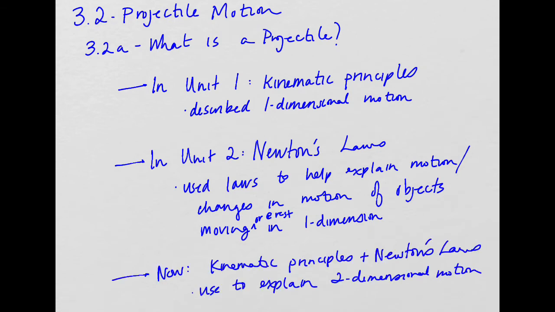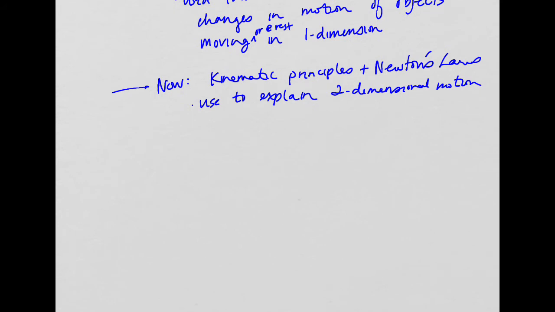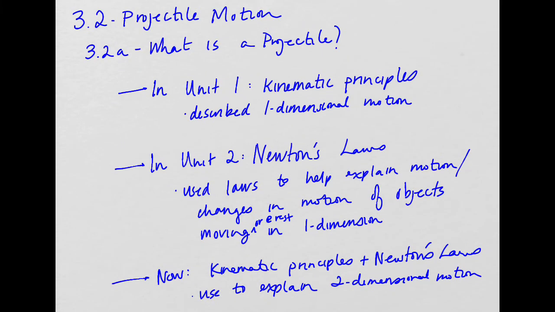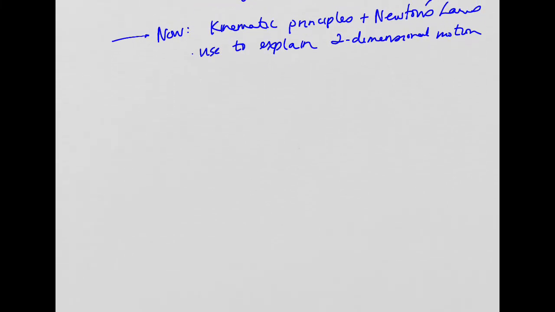Remember, 2-dimensional motion just means not just left, right, up, down. We have 2 dimensions of motion now, like we've been doing in 3.1. I just want you to understand where we've been and where we're going with this. We're going to be using these kinematic principles mixed with Newton's laws in describing or explaining motion in 2 dimensions.